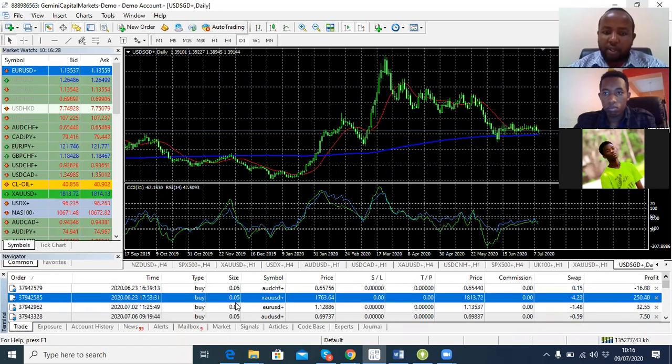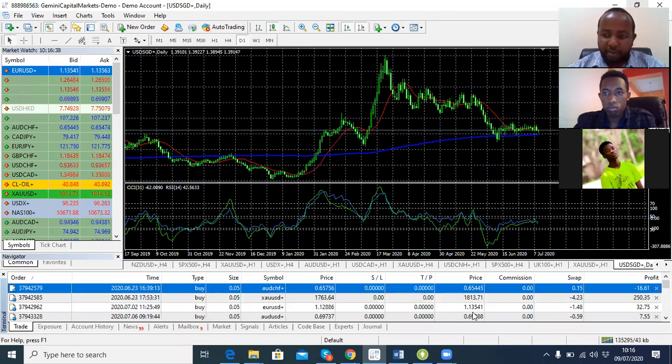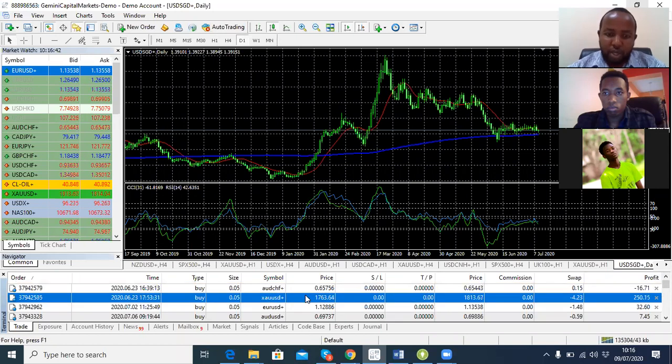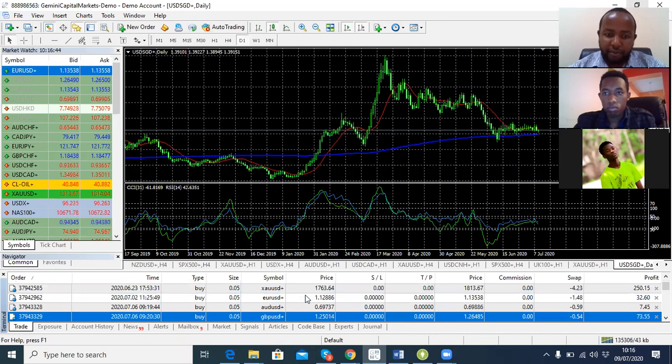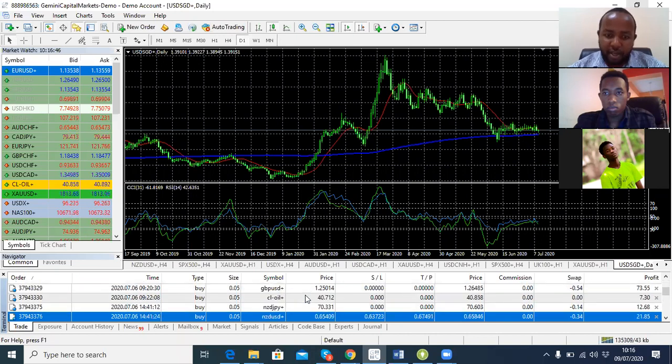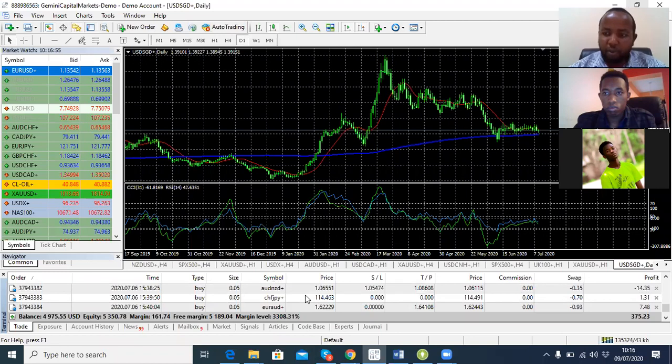You can see the lot size here. I used 0.05 on all the pairs, depending on whatever I'm trading. Let's see how many positions I have. 1, 2, 3, 4, 5, 6, 7, 8, 9, 10, 11, 12, 13, 14, 15, 16, almost 17.